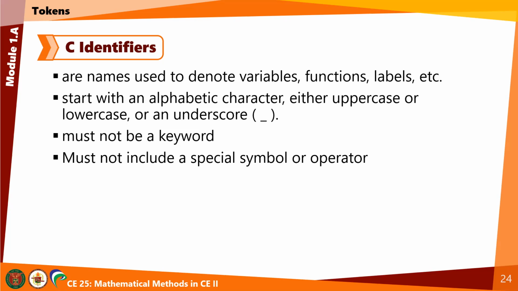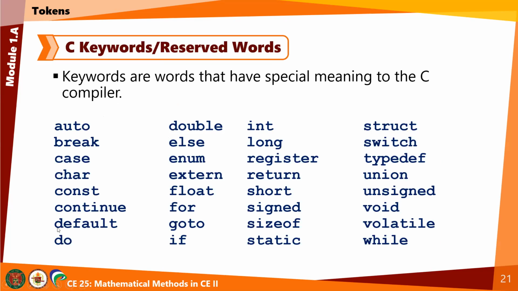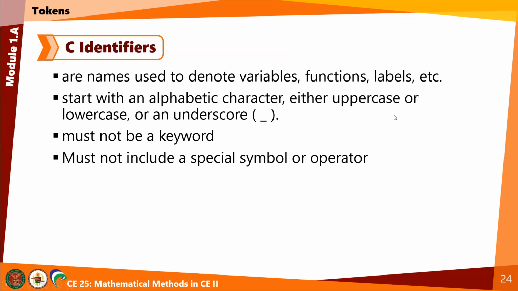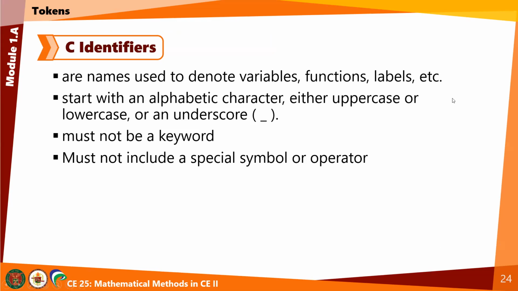An identifier cannot start with a number. Also, it must not be a keyword. So hindi nyo pwedeng gawing name of your variable itong 32 keywords na ito. Reserved yan for C. Also, it must not include a special symbol or operator. So bawal din yung mga ito.